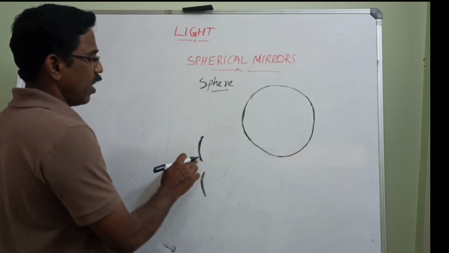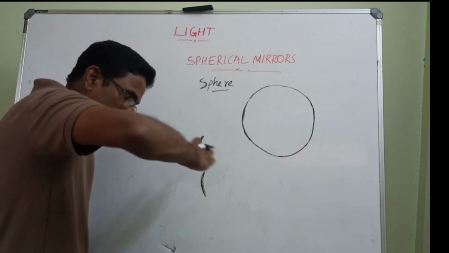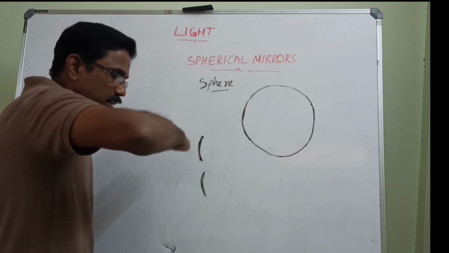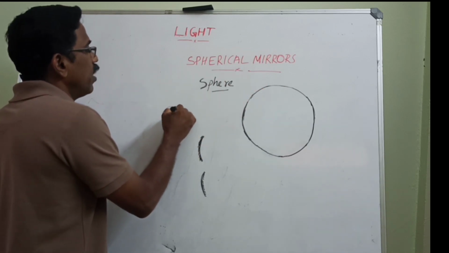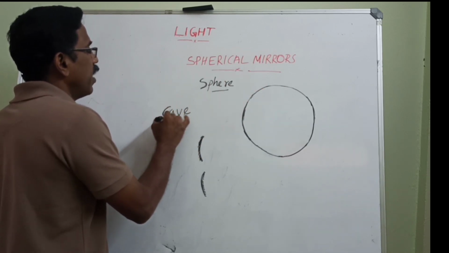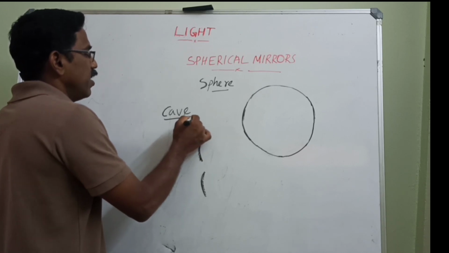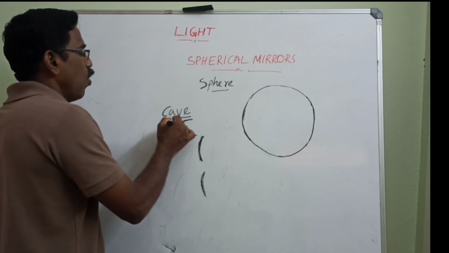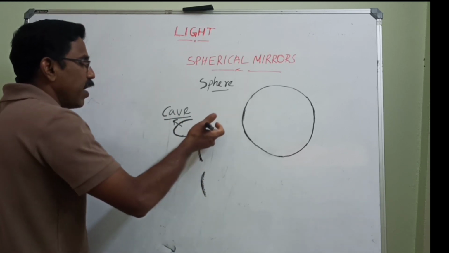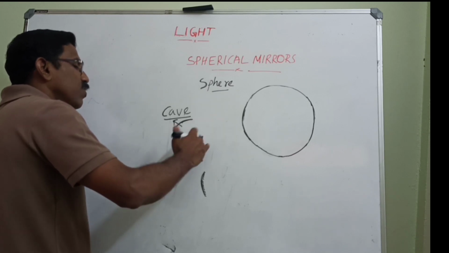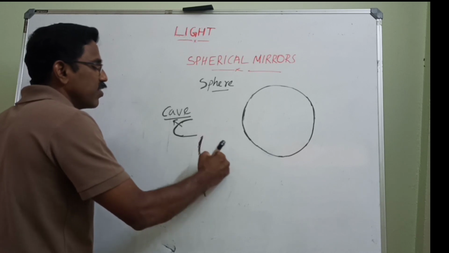In this mirror, the inner surface is curved inside, just like a cave. Do you know the word cave? Cave means something like this. In the other mirror, the outer surface is silvered, so you get a structure like this.